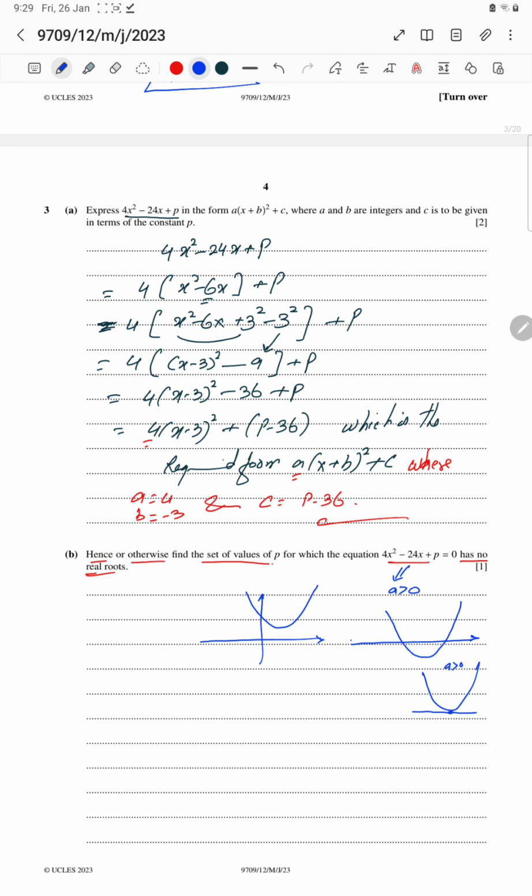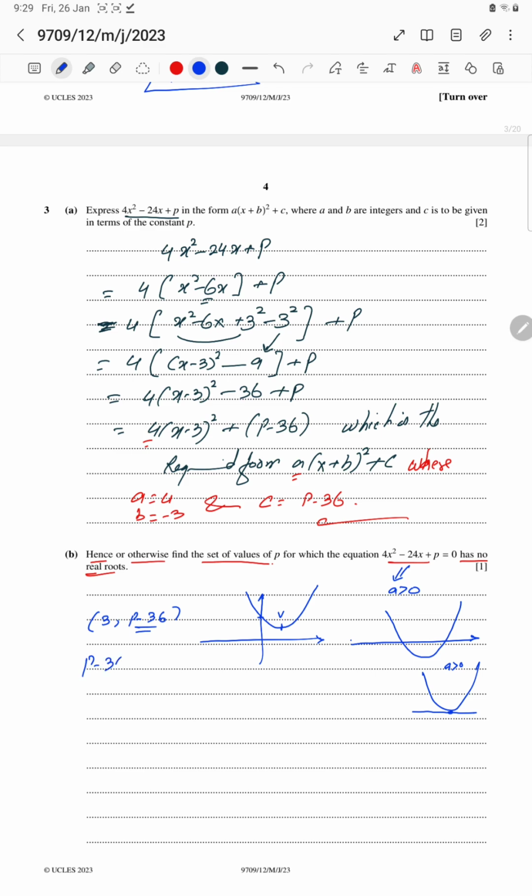So for this case, it's 1 mark, so from the above, what will be the vertex of the curve? That is (3, p minus 36). The turning point is here. As it is above the x-axis, we will go with the y.